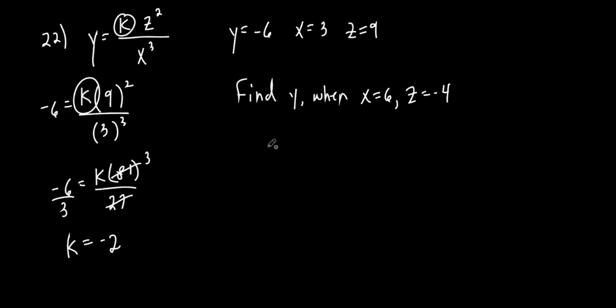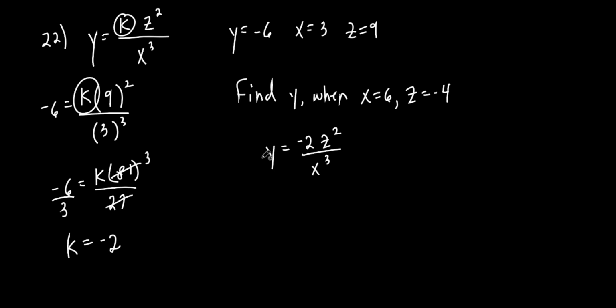So let's rewrite this equation. y equals, now we know what the k is, it's -2, right? Times z squared over x cubed. It's the same as this, but now we found k, and we just replace that k with a -2. And now we do another substitution. Just put those other things in here.